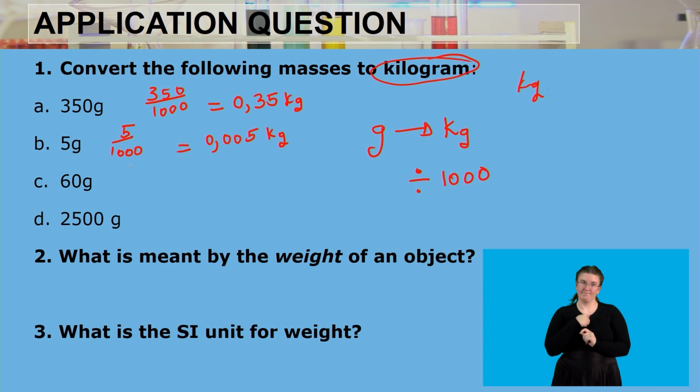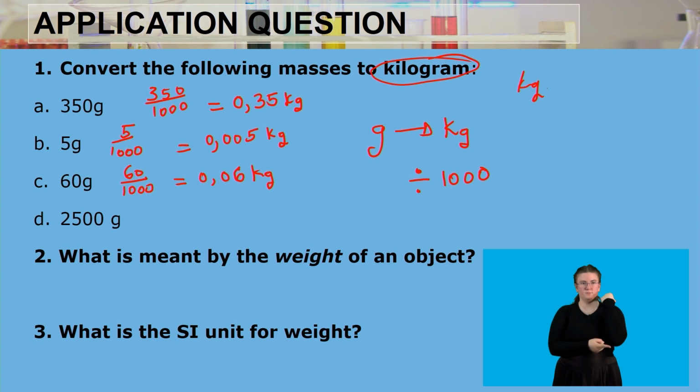Again, we are dividing 60 by 1,000, and that will give us 0.06. That is going to be our 60 grams, and remember, it must be in kgs.